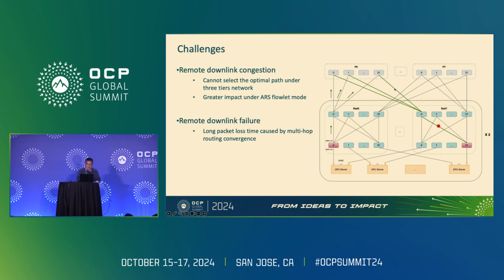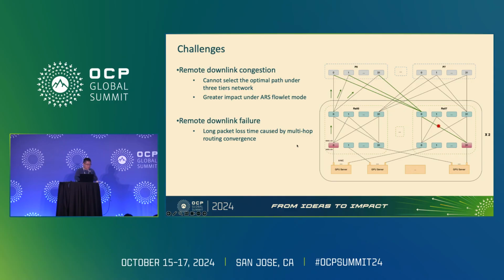So the idea to create diverse paths is to distribute the links connected to multiple leaf switches within a rail, so that when the link is congested, the spine switch has the connectivity to forward the packets to an alternative path. I think in Jay's part, there is a diagram illustrating that a link here will connect to two leaf switches in the rail.